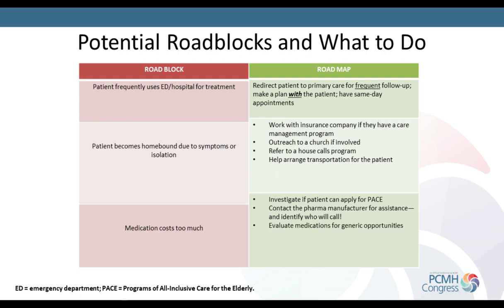And then this is another big one in primary care. It's medication cost. So investigate. There's PACE that's for elderly or Medicaid. It's in every state. Try getting them enrolled in those programs. Contacting pharma. A lot of times they have programs that can help patients pay for medications because, remember, these patients don't just have pulmonary hypertension.